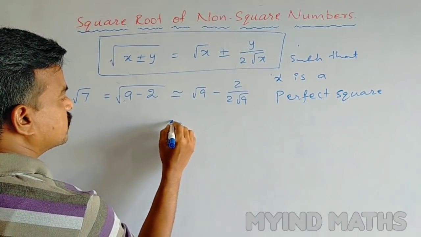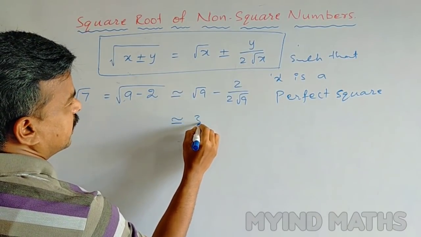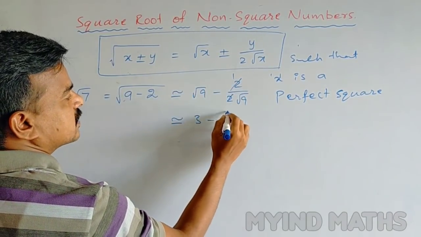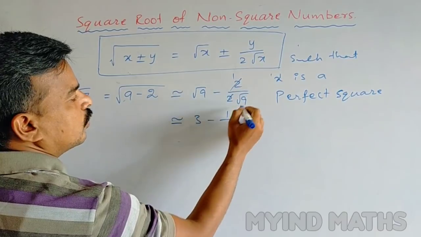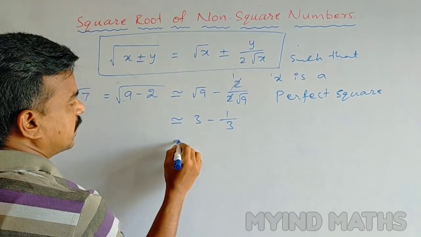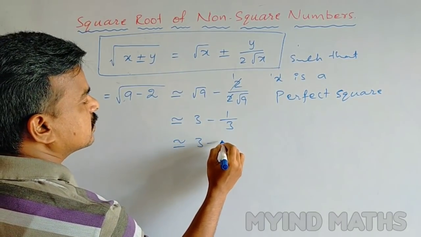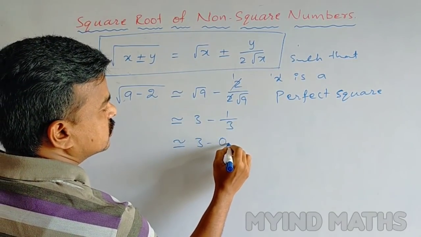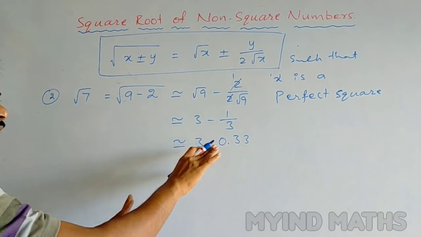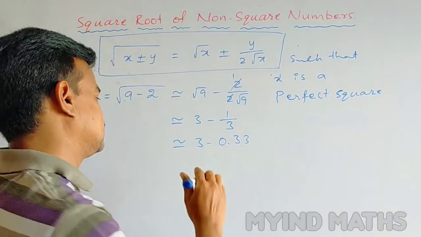It is approximately equal to 3 minus, and the 2 and 2 get cancelled, leaving 1 by 1 into square root of 9, which is 3, so 1 by 3. So approximately 3 minus 1 by 3. The value of 1 by 3 is 0.3333, and I am taking only two decimal places.